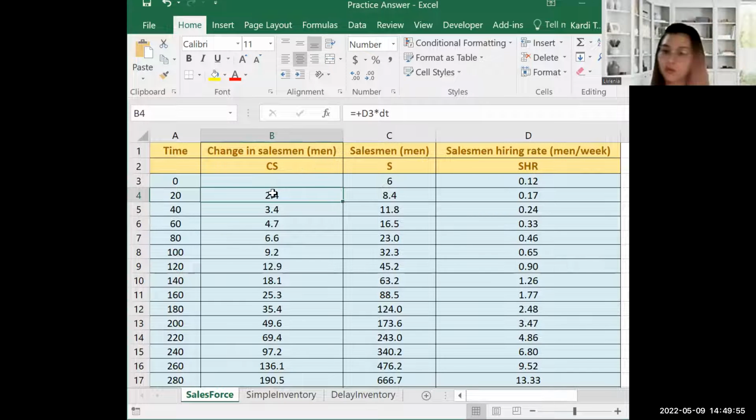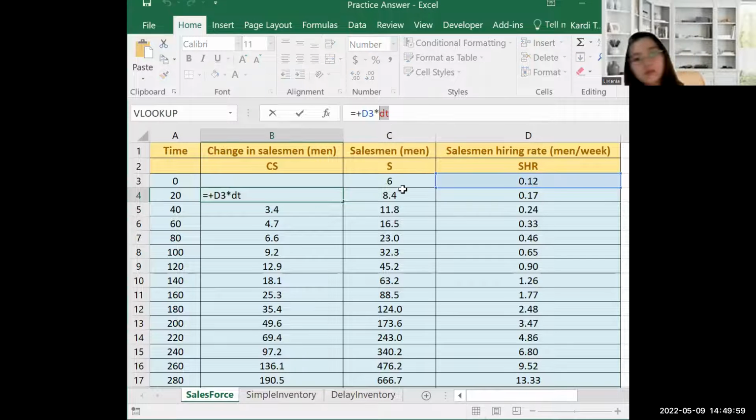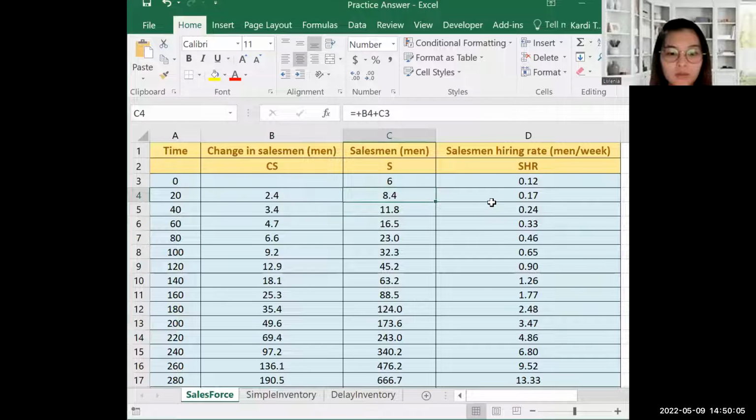That's why this is correct, but the difference is this is dt. So the rest is the same, right? This is just summation. This is just C4 divided by doubling time. Is it the same as the result now?